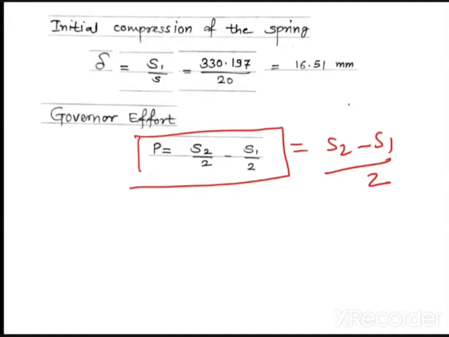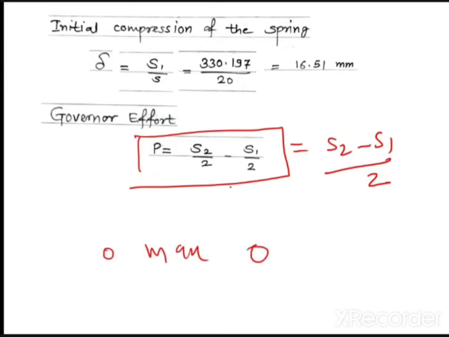Governor effort means the mean force which is acting on the sleeve when the equilibrium speed changes. At the equilibrium speed, the mean force is 0. As the speed changes, the governor effort becomes maximum and again it becomes 0. So it's like this, 0 to maximum to 0 effort.